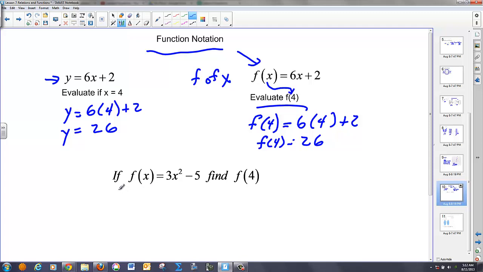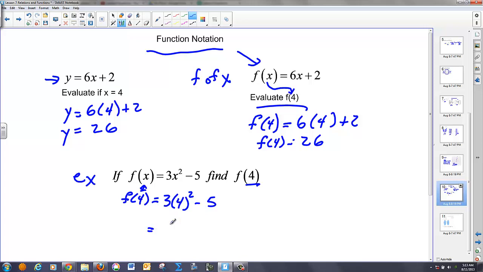So here's an example. I have a new function, f of x equals 3x squared minus 5, and I want to find, once again, f of 4. So f of 4 is equal to 3 times, rather than x, I say 4, squared, minus 5.